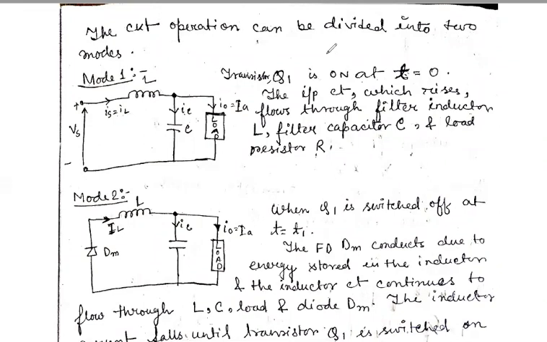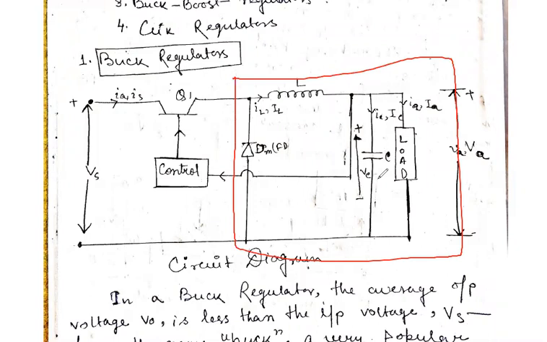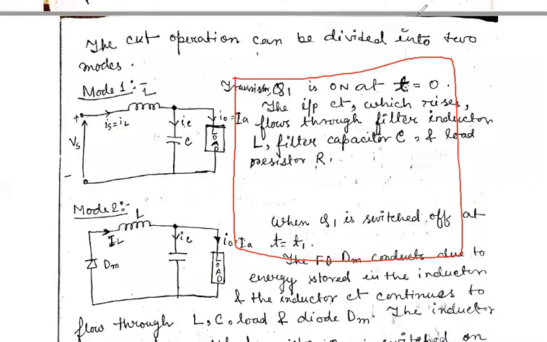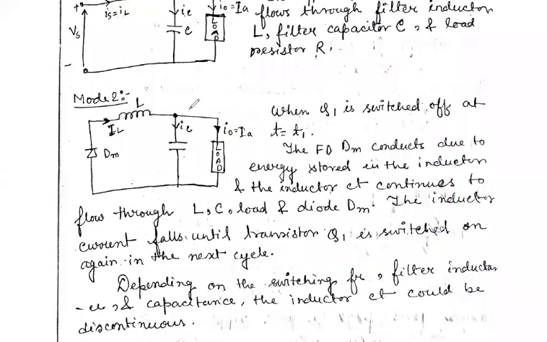Then mode 2. What happens in mode 2? Mode 2 consists of only these circuits, the circuits which are within a rectangle or box. This circuit conducts when the transistor Q1 is switched off at t equals t1. That means the mode 2 operation.